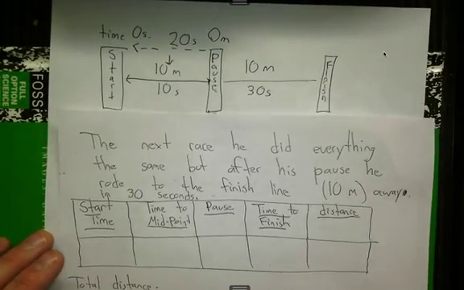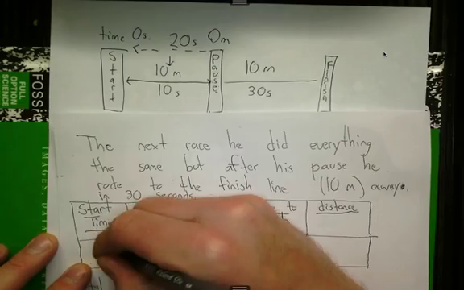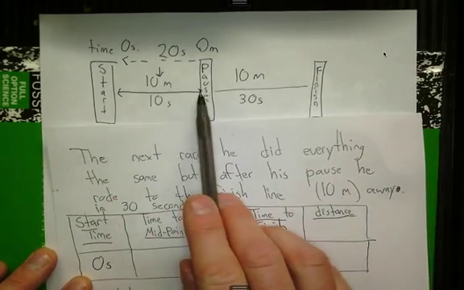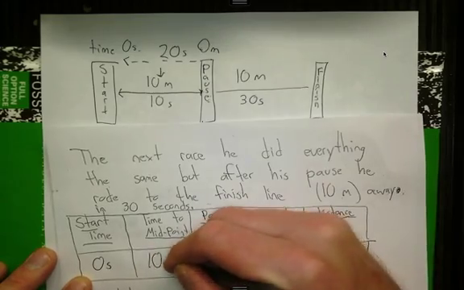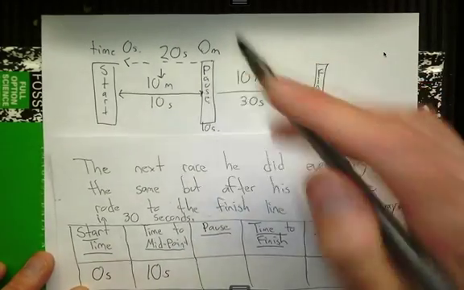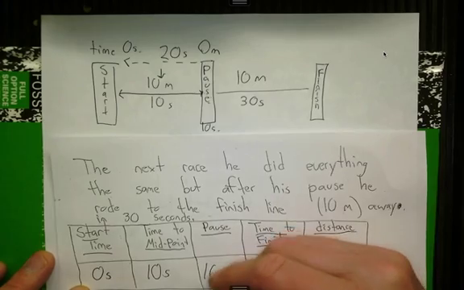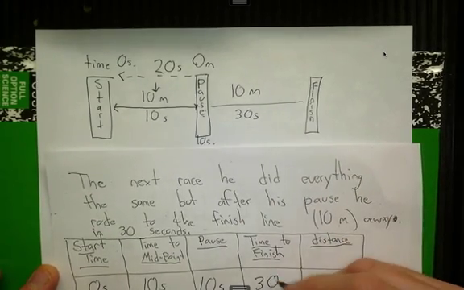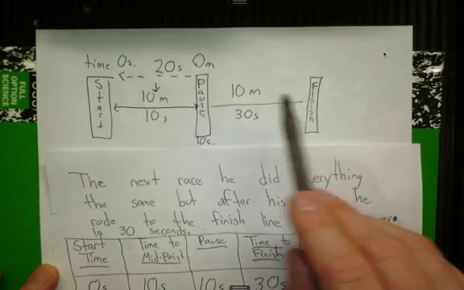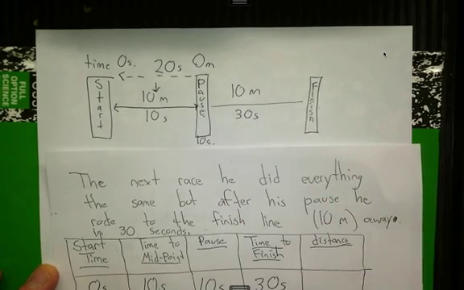His start time is still 0 seconds. Time to his midpoint, which is where he took his pause, is 10 seconds. The time of the pause was 10 seconds. The time to the finish was 30 seconds. And the distance that the finish was away from the pause is 10 meters.